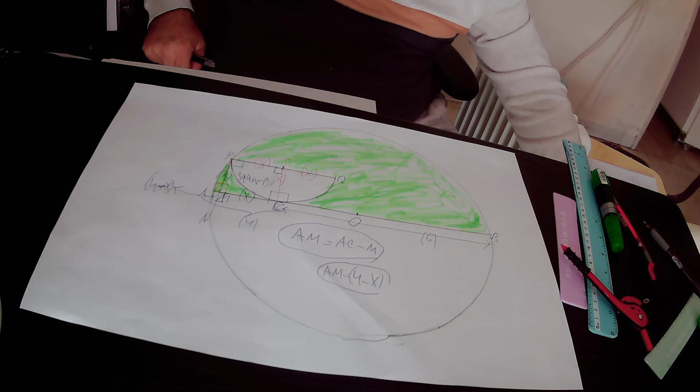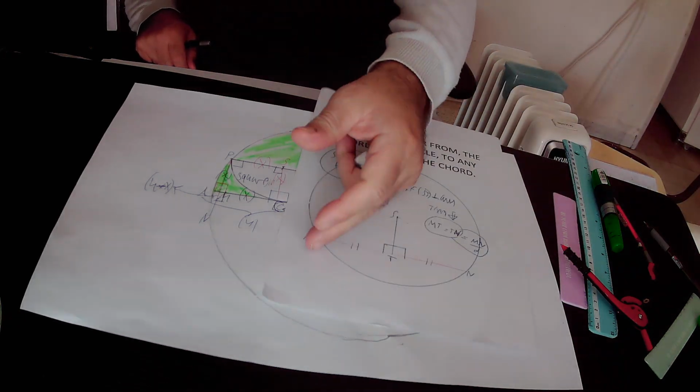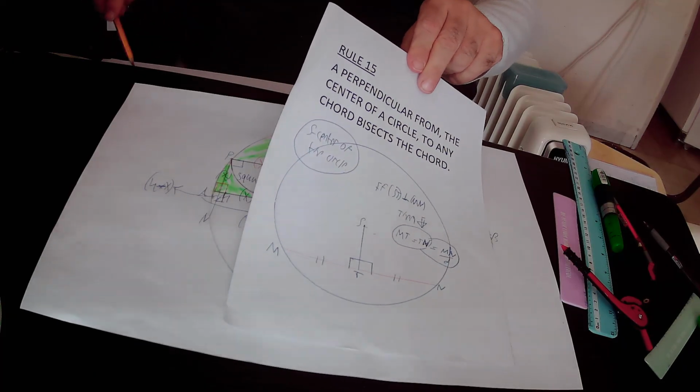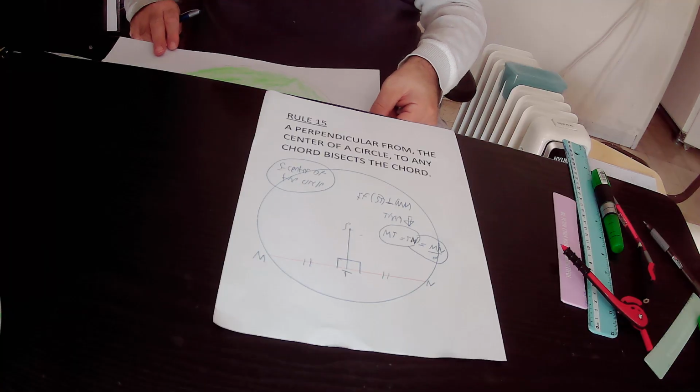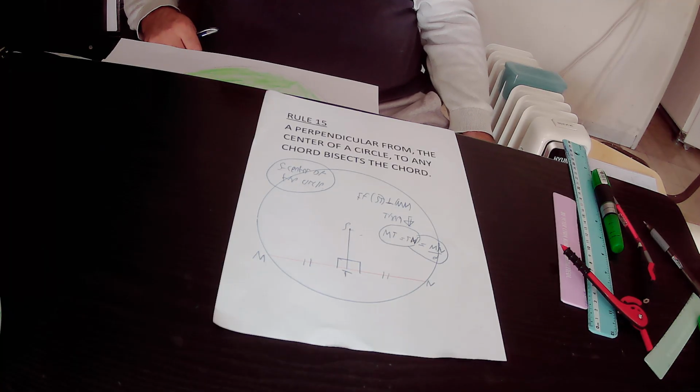Repeat quickly on rule 15. According to rule 15, the perpendicular from the center of a circle towards any chord bisects the chord.